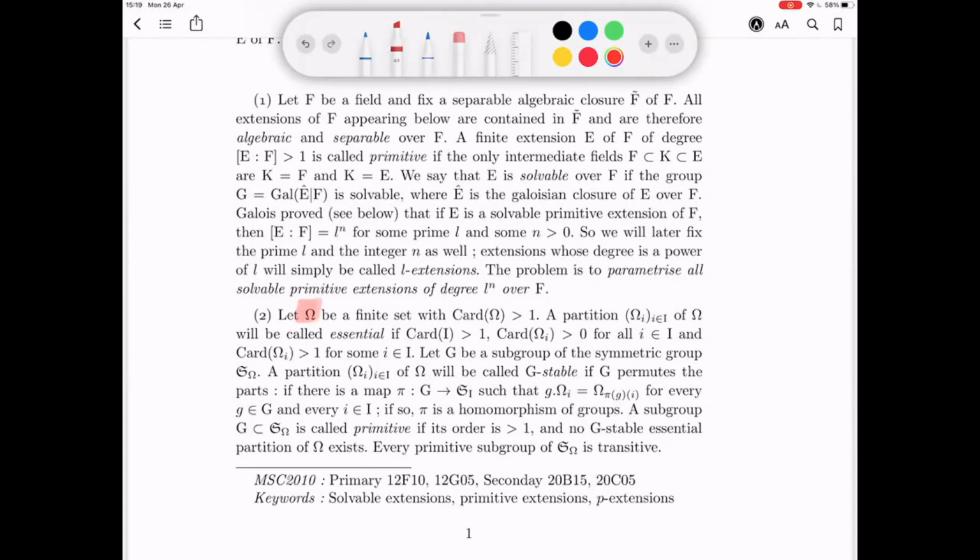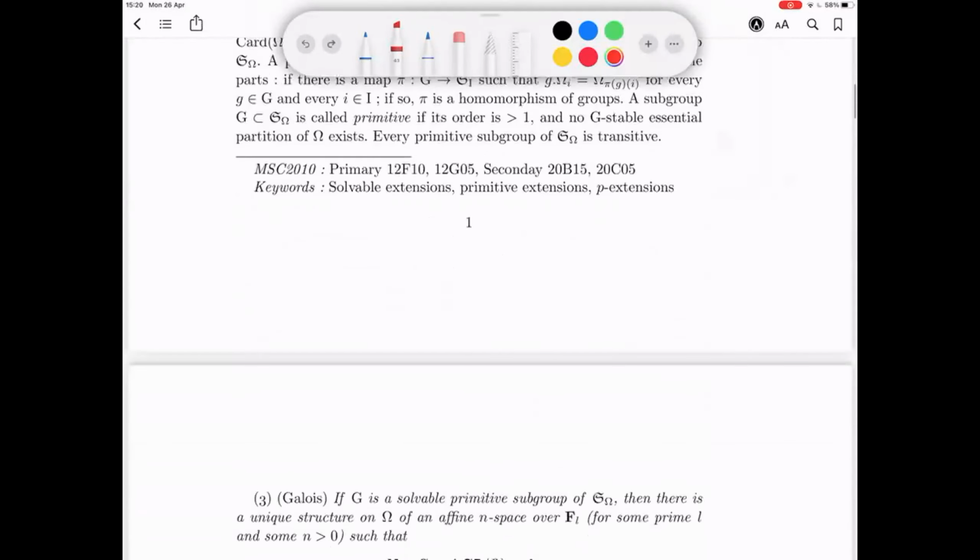But otherwise, there are transitive groups which are not primitive. Okay, so these were just 2 definitions, very important definitions.